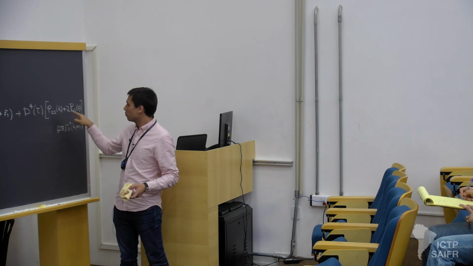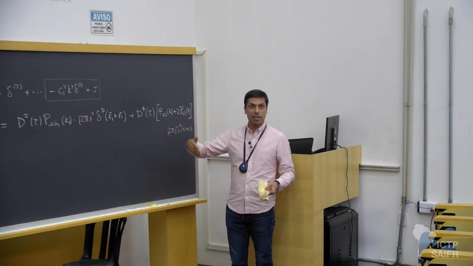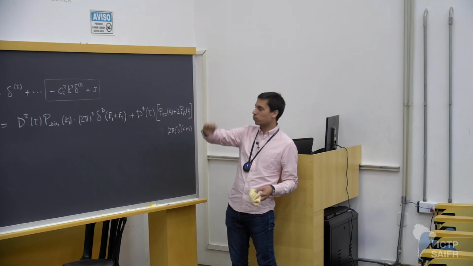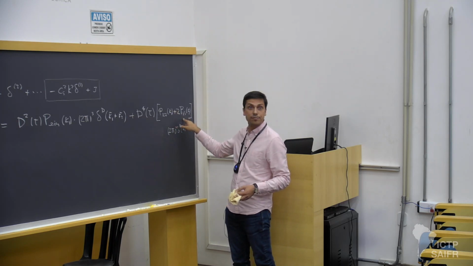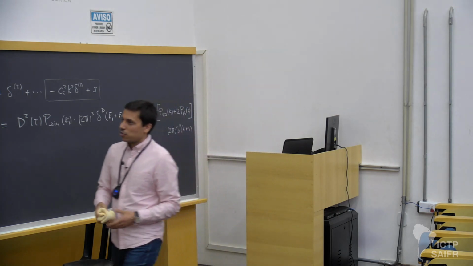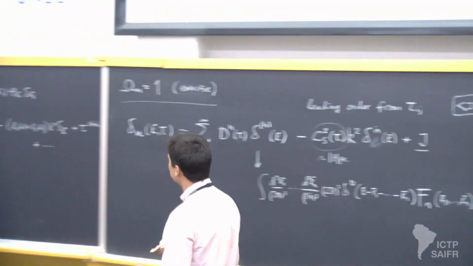And this is why we have to keep both of them. We cannot neglect one compared to the other. But all higher order contributions will have more density fields, and they're higher order. So our first guess for which kind of correction we have to add is really just this. Okay? So we want to add P22 and P13. And so let's calculate one of these things.